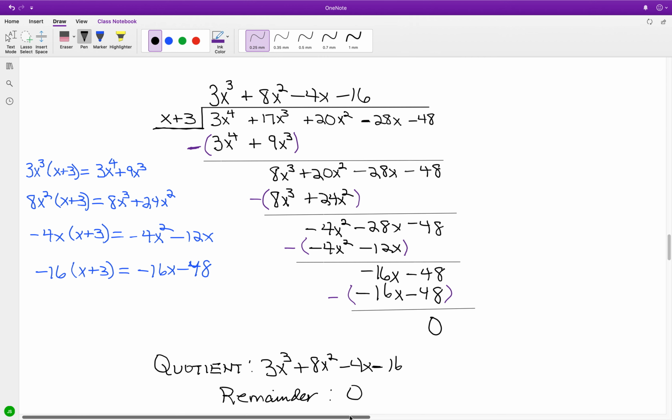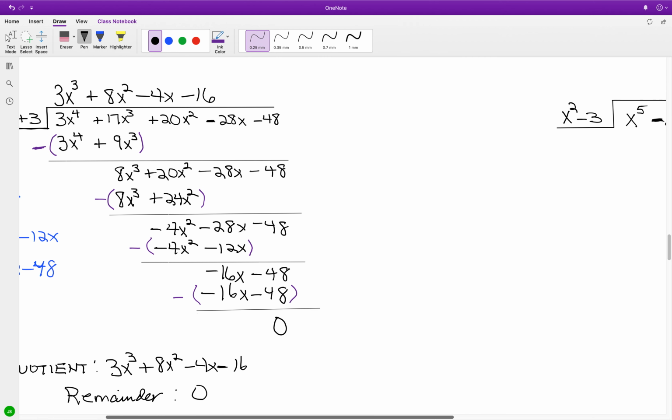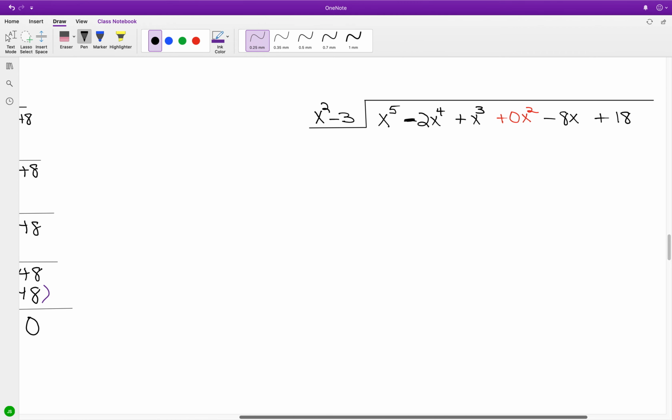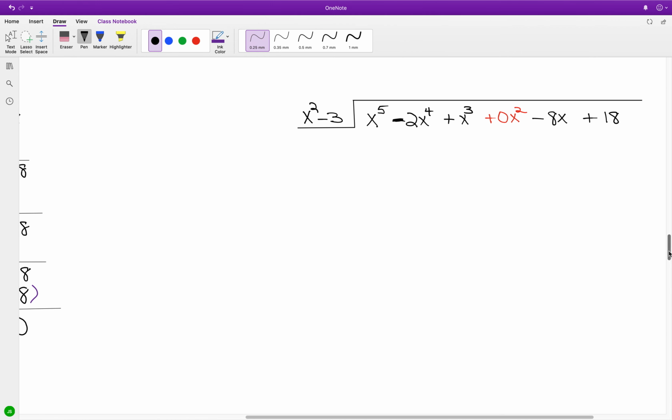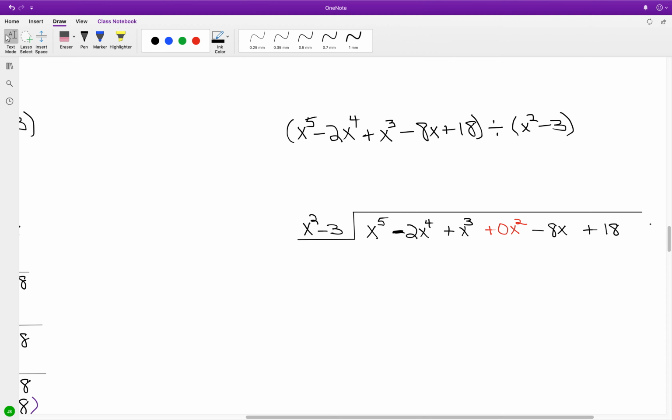Now, another case of performing long division. Now we're looking at a fifth order polynomial, whereupon we have x to the fifth minus 2x to the fourth plus x cubed minus 8x plus 18 divided by x squared minus 3.